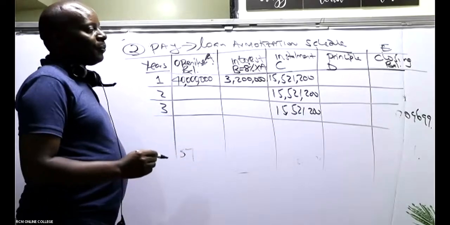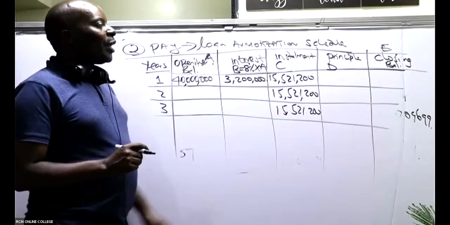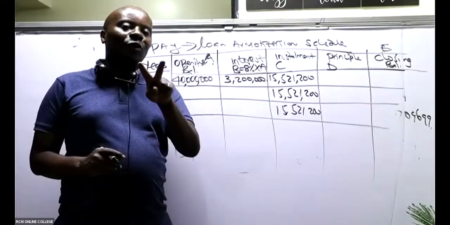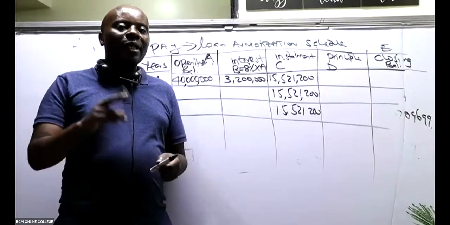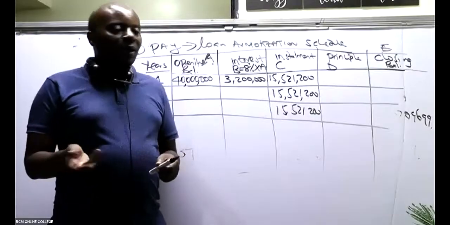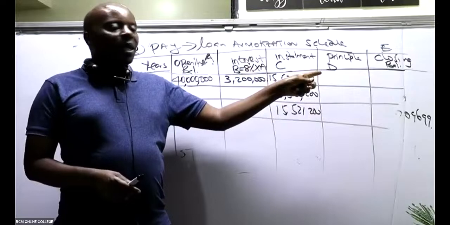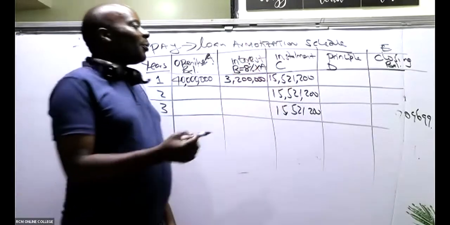Then, ladies and gentlemen, you know that whenever we pay an installment, it covers two things. It covers interest, and it covers the principal. So basically, this installment is interest plus principal. Now that I have interest and I have installment, then to get principal is very easy.